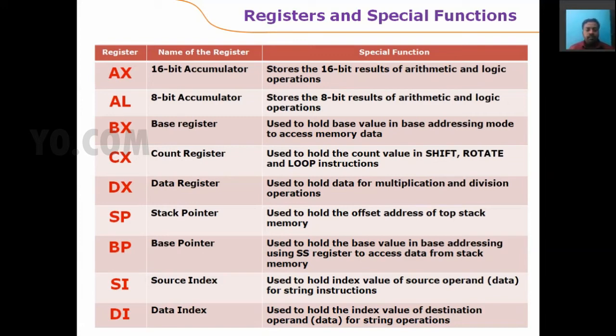Then CX is the count register, used to hold the count value in shift, rotate, and loop instructions. In a C program we use a for loop. In the for loop we say i equal to 0, then i less than some maximum value, then i plus plus. So we created a loop, and the value of i keeps increasing one by one. For such count values we use the CX register.